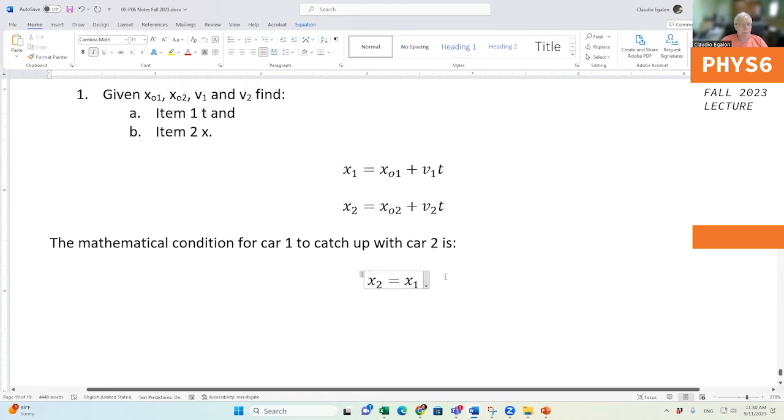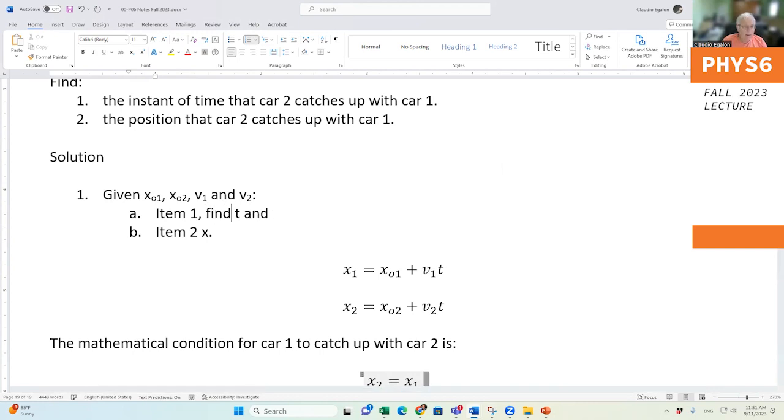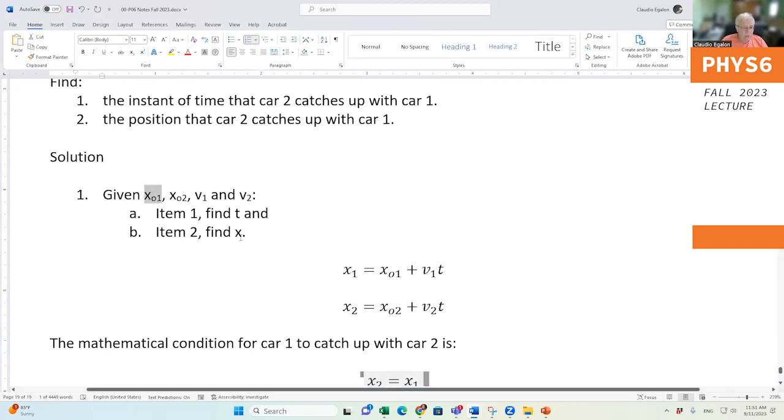Okay? And you want to find t. Item 1, find t. Item 2, find, it's not x, that should be x1 and x2, right?